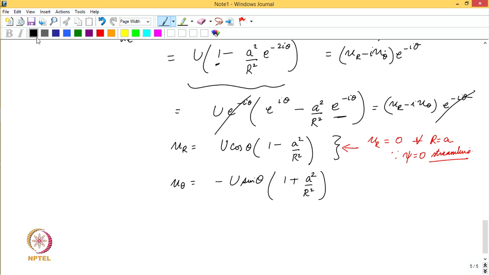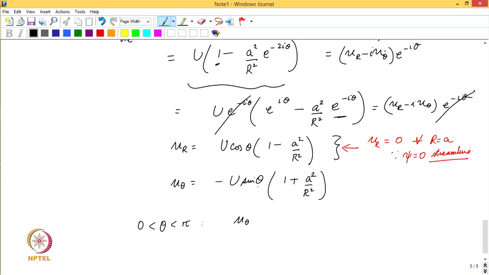If I look at how u_theta changes, say theta between 0 and pi, clearly u_theta would be, what do you think, positive or negative? Note that 1 plus a squared by r squared is always a positive number, because r squared is always positive, and a squared is anyway positive.